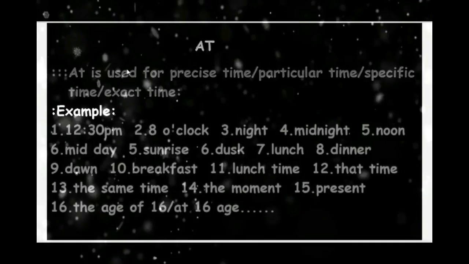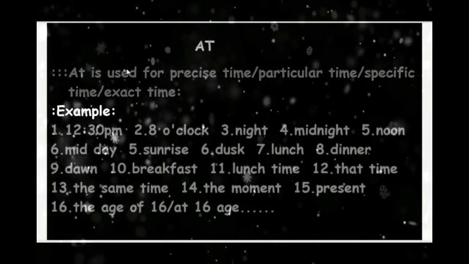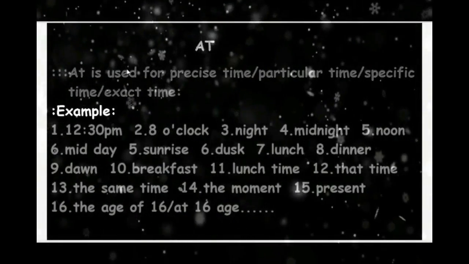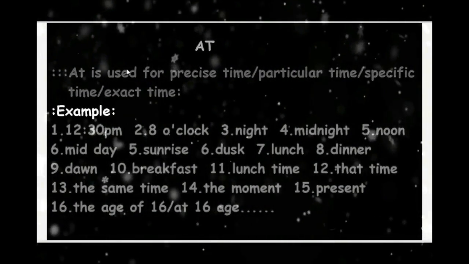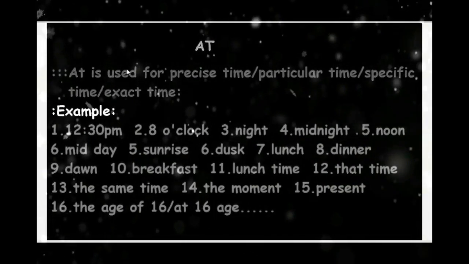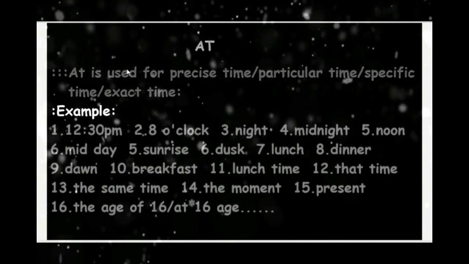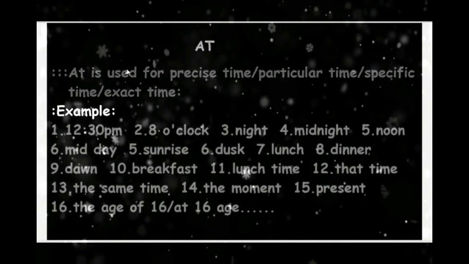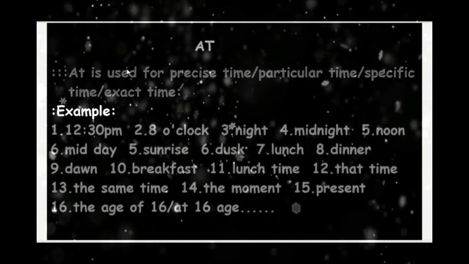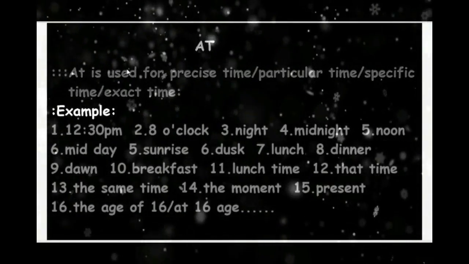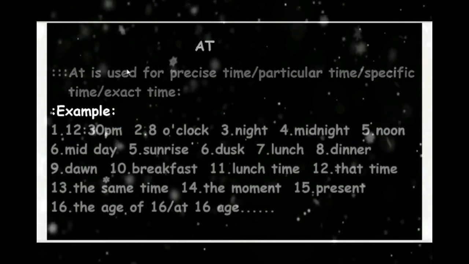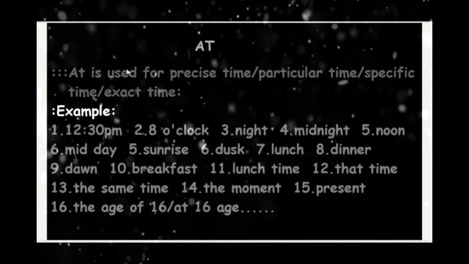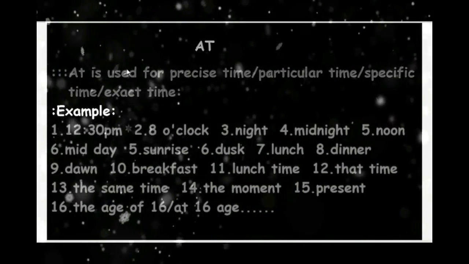So at 12:30 p.m., at 8 o'clock, at night, at midnight, at noon, at midday, at sunrise, at dusk, at lunch, at dinner, at dawn, at breakfast, at lunchtime, at that time, at the same time, at the moment, at present, at the age of 16 or at 16 years.